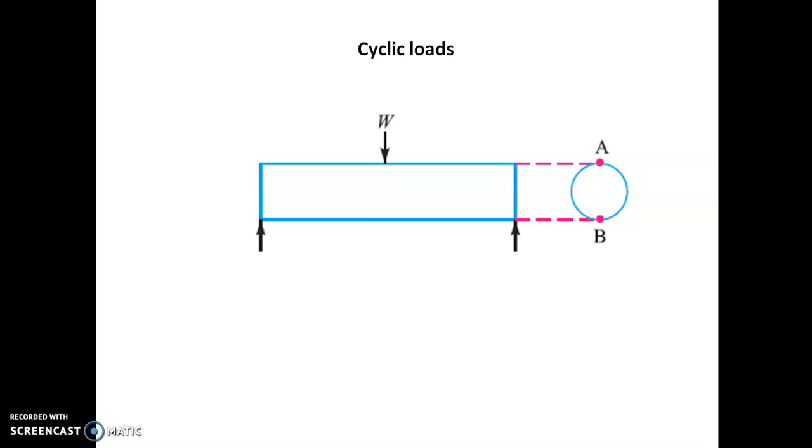This phenomenon is called fatigue, and this failure is called fatigue failure of materials. The strength associated with the fatigue phenomenon is called endurance strength, sigma minus 1 or sigma E, because of cyclic loading or dynamic loading. So you cannot design based on sigma Y. You have to design based on sigma minus 1, which is always less than sigma Y.